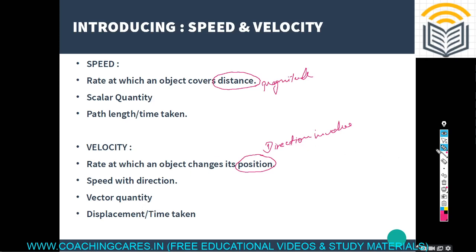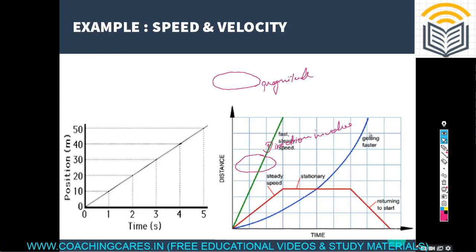So these both quantities we will study in depth in the next slide, with some examples. You just have a look at both the plotted graphs. This one is the distance and time graph, and this one is the position and time graph.